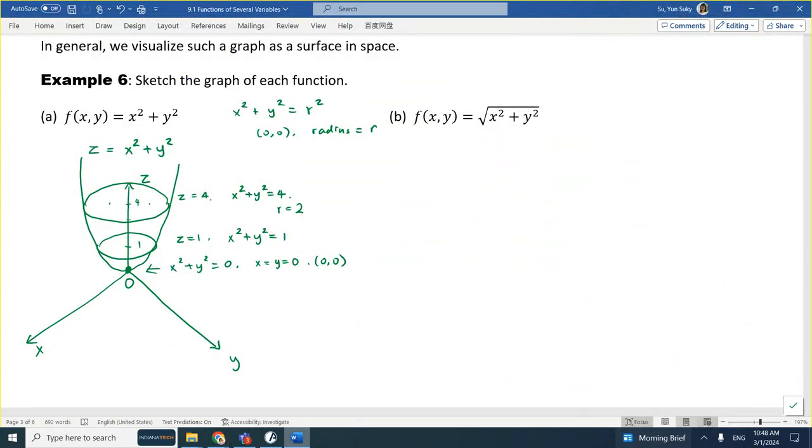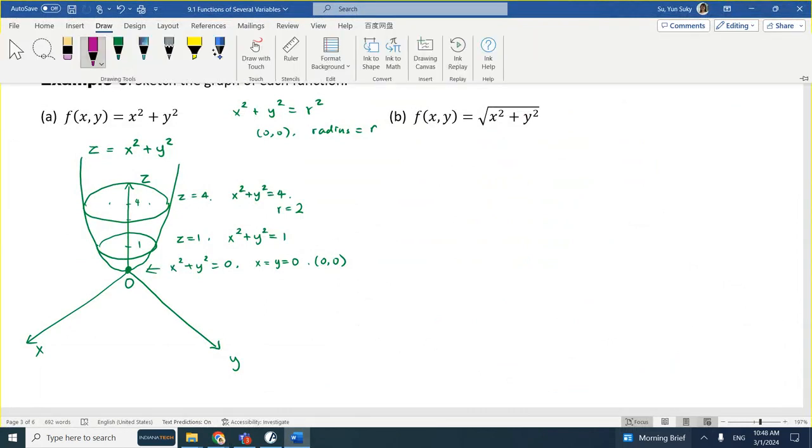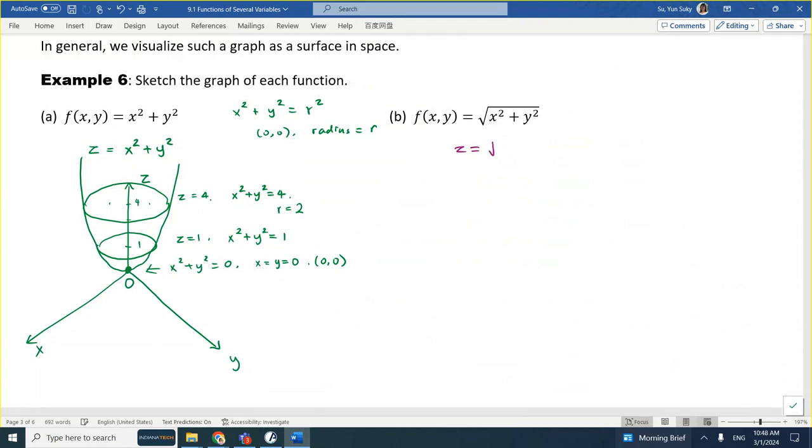How about part B? Do you see part A and part B are kind of similar? You have a square root there. Yes, everybody, we have a square root there. So let's do similar things. By the way, because it's a square root, you see your z is always greater than or equal to 0, because it's the square root of something.